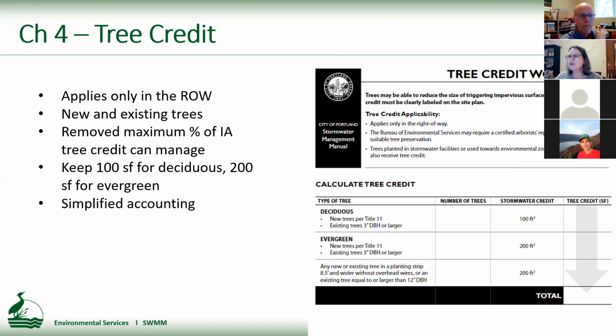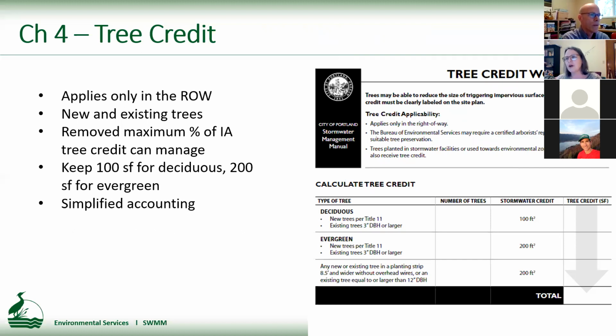So the tree credit, a couple changes here. This still applies to new and existing trees. We've removed the maximum percentage of impervious area of your project that it can manage. And this is just to be more practical and reasonable for linear projects.